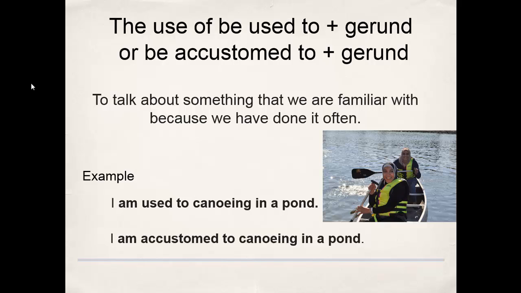So for example, I am used to canoeing in a pond, or I am accustomed to canoeing in a pond. They both essentially have the same meaning, and they both mean that it's normal for me to go canoeing in a pond. Now, maybe not in a river, that would be totally different than going in a pond, but they are accustomed to at least canoeing in a pond.